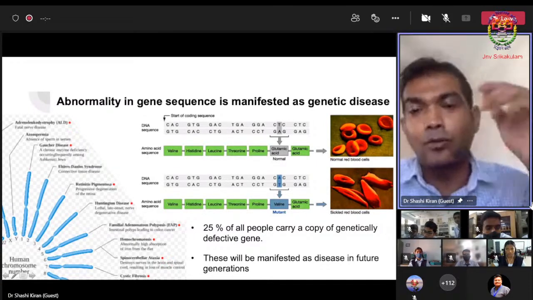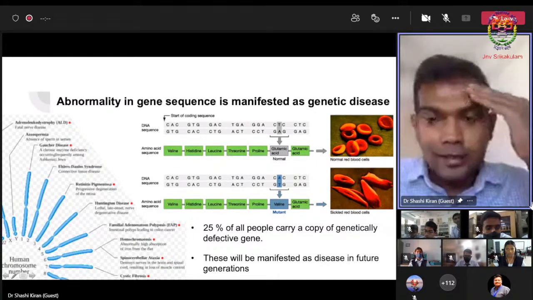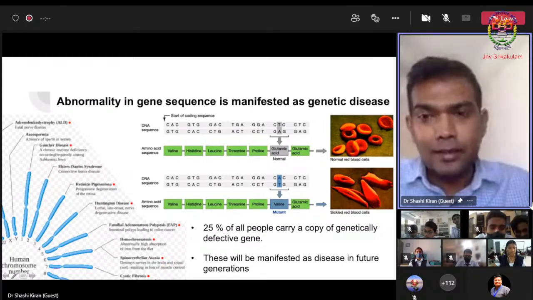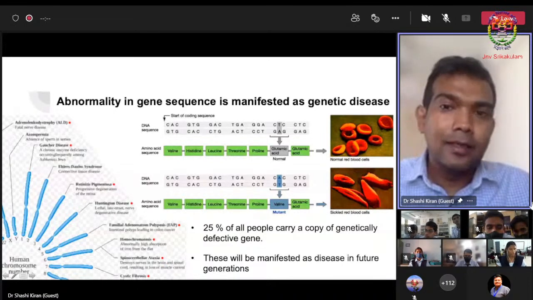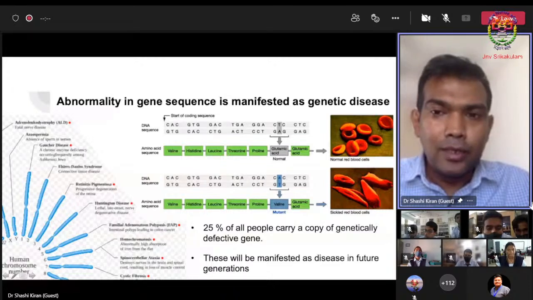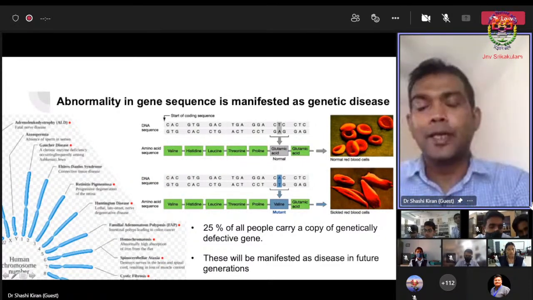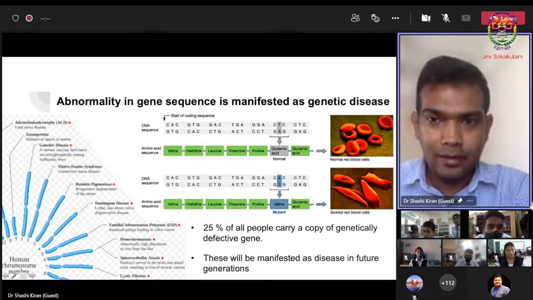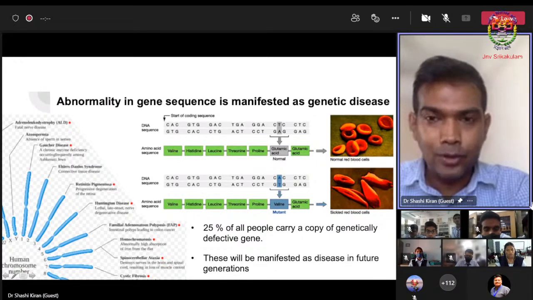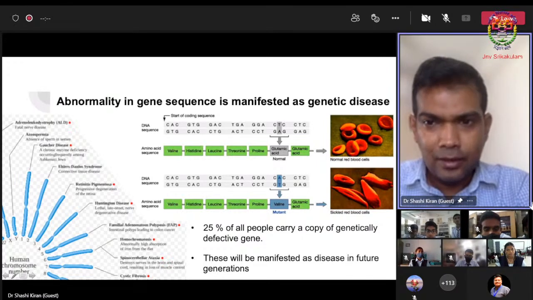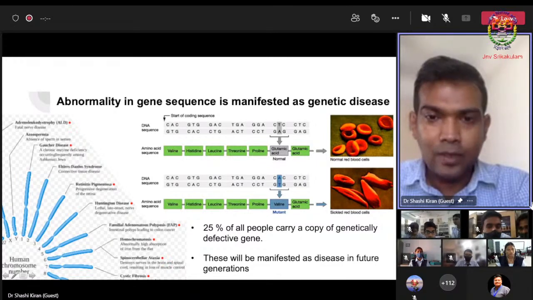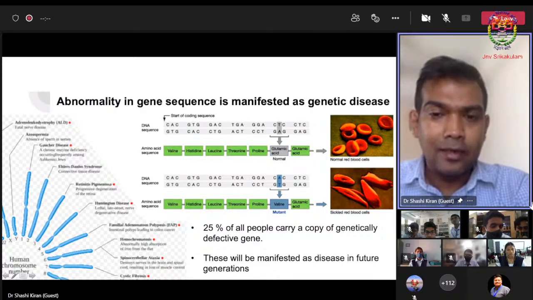Here is an example of one of such diseases. This is sickle cell anemia, seen in some people. What happens in their DNA is there is a mutation, and mutation means a change of base. Normal people will have a certain DNA sequence at a particular position in a particular gene, and in the diseased person that sequence has changed, and very often these changes are just one letter long.